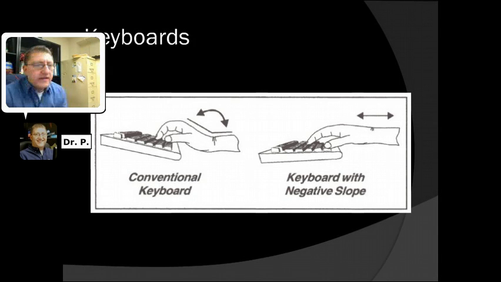Another good idea is to have a negative slope with your keyboard, or at least a flat slope. Negative is probably better for most setups. Notice when you have this upsloped keyboard, it really causes basically that same angle to appear in extension on your wrist, which is a problem. A negative slope means that the keyboard is designed so that the back is actually lower than the front.